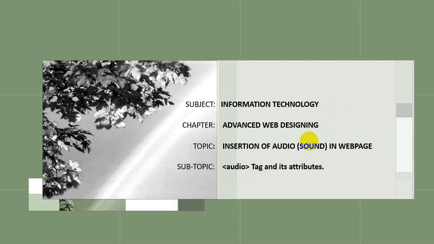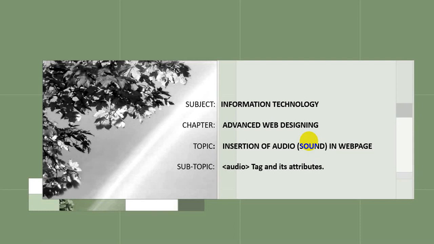Okay, the thing is that we have n number of audio or sound file formats which we can play in our browser, but there is a problem: we have n number of browsers and n number of file formats. Sometimes some browser does not support some file format. In the same way, some browsers are outdated.